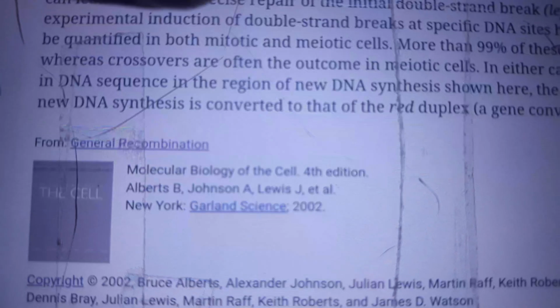In either case, if the maternal and paternal chromosomes differ in DNA sequence in the region of new DNA synthesis shown here, the sequence of the green DNA duplex in the region of the new DNA synthesis is converted to that of the red duplex, a gene conversion.